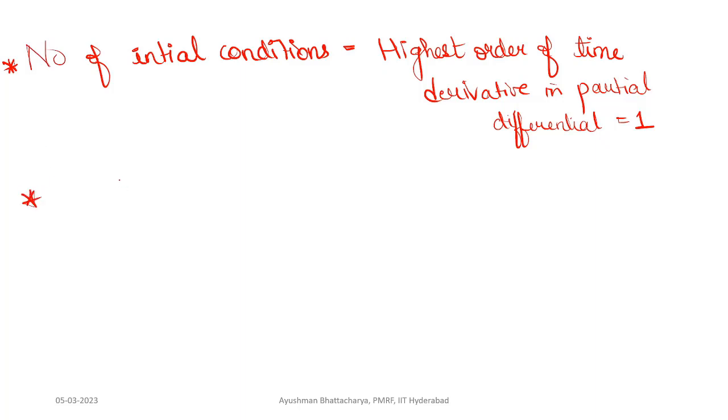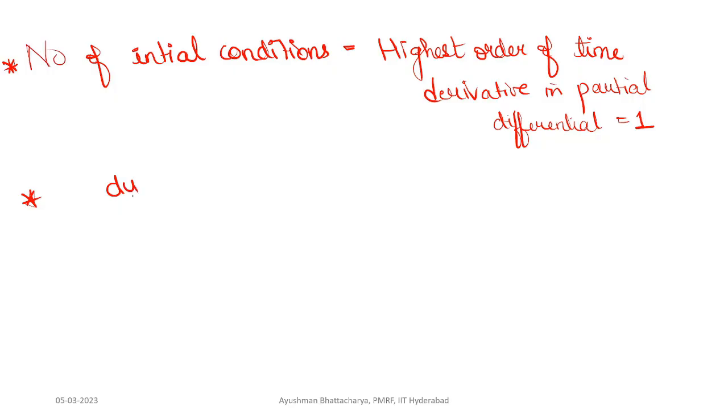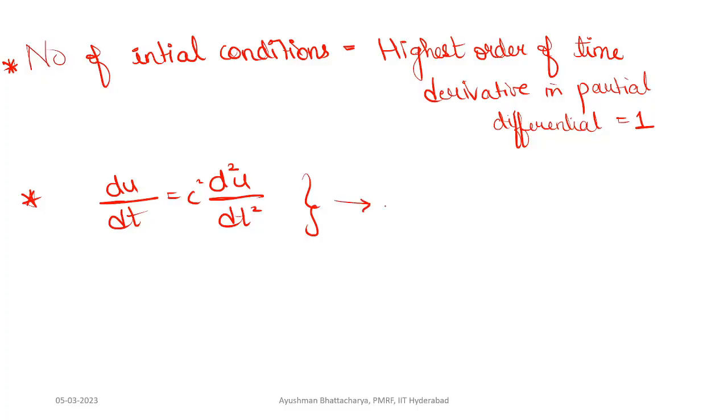Now the number of boundary conditions. As I mentioned, du by dt is equal to c square d square u by dx square. To solve this, you have to integrate it two times. So that will introduce two arbitrary constants, and for two arbitrary constants you need two boundary conditions.